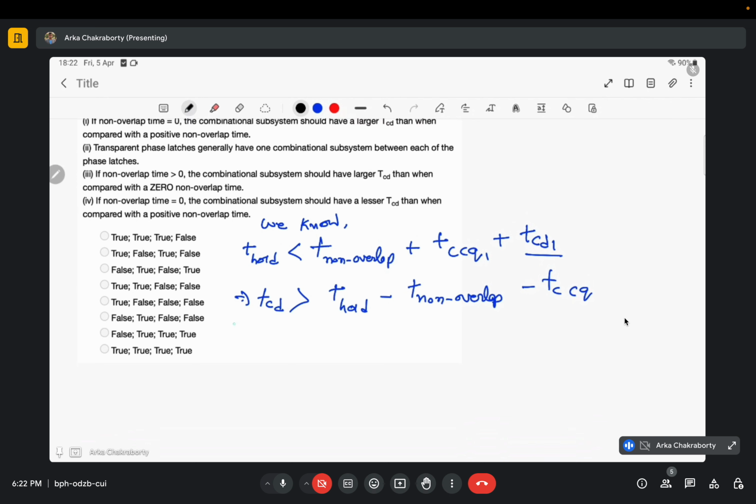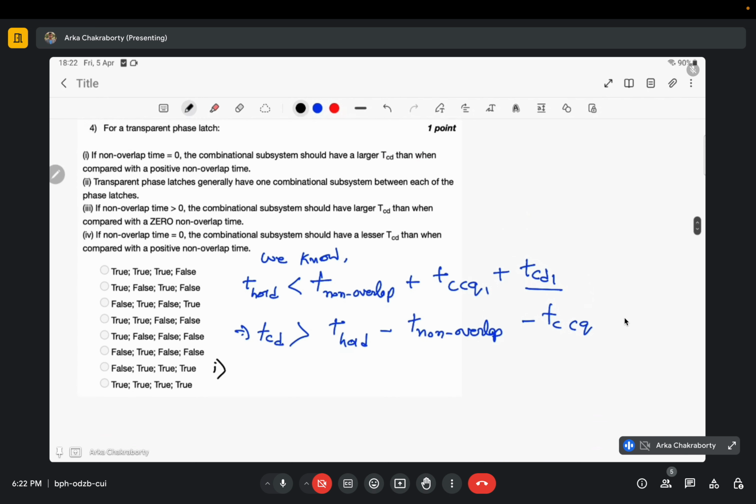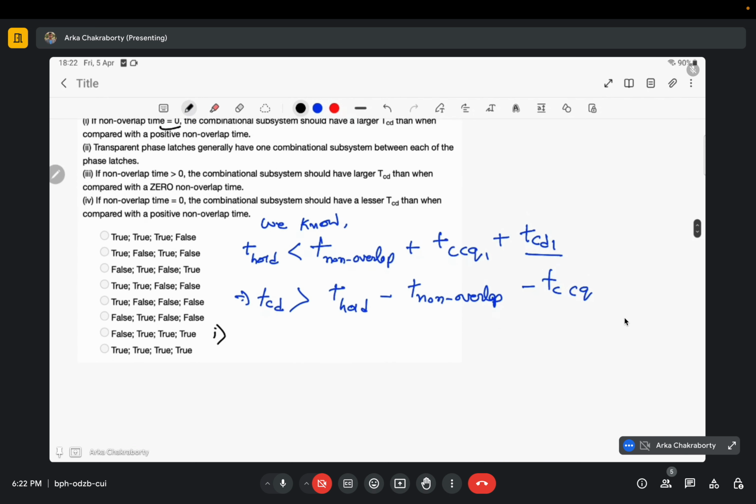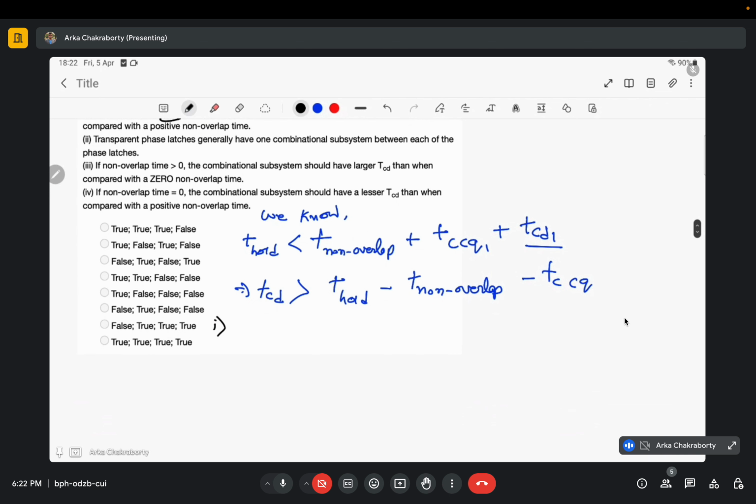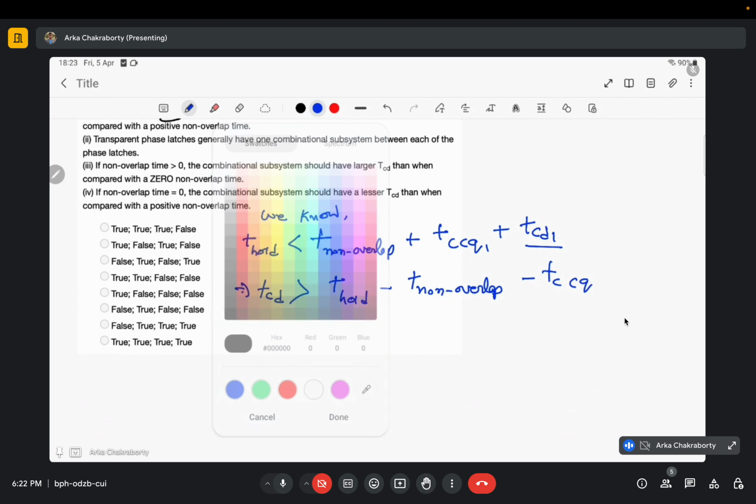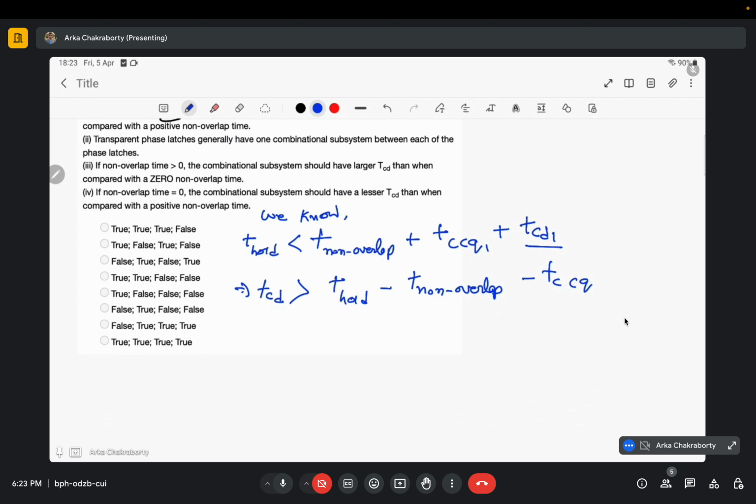For the first statement, it is said that if non-overlap time is 0. From here it is clear that if this non-overlap time increases, what will happen to TCD?